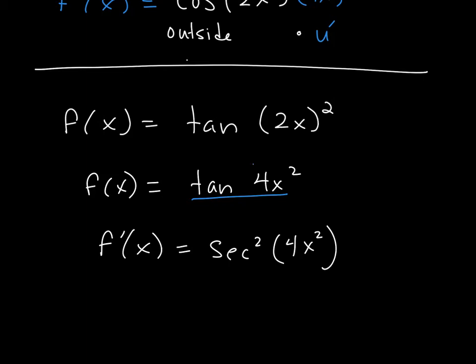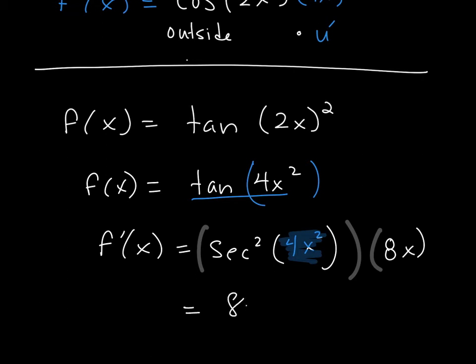Now, the inside portion, I take the derivative of, so I multiply all of this times 2 times 4, which is my 8x. So this is 8x times the secant squared of 4x squared.